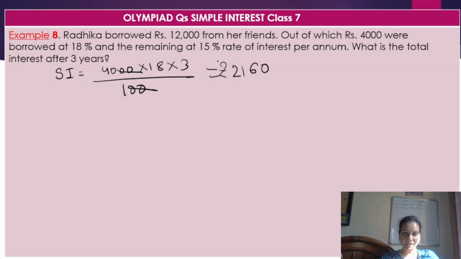Okay, so this is rupees 2,160. This is the first simple interest on 4,000 rupees.